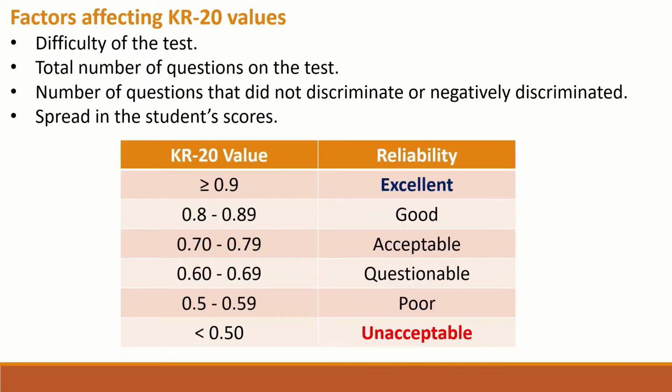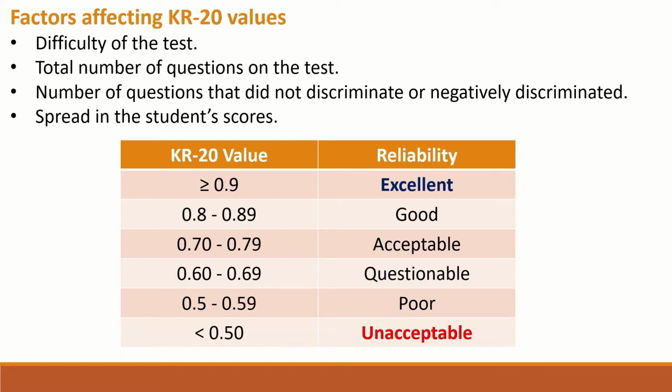In the table below, the range for KR20 value and the corresponding reliability label is described. So if the KR20 value is equal to 0.9 or greater, then the exam or the test has excellent reliability.